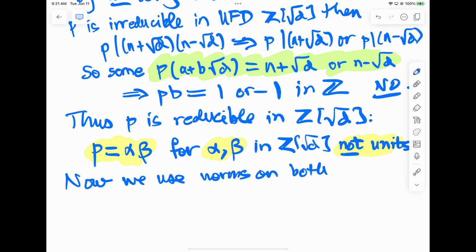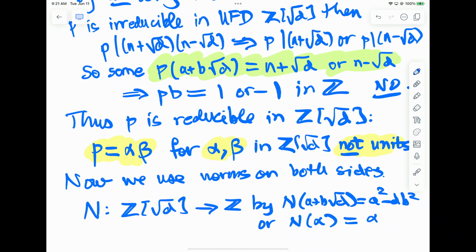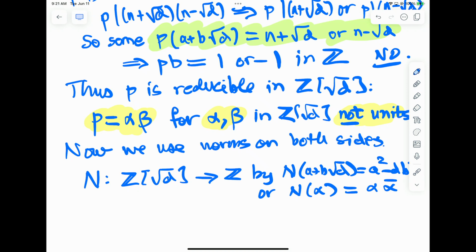By which I mean the norm function, N, from Z root d down to Z. The norm of a plus b root d is a squared minus d b squared. Or I could call that alpha times alpha bar. By alpha bar, I mean the conjugate in the algebraic sense, a plus b root d, a minus b root d.